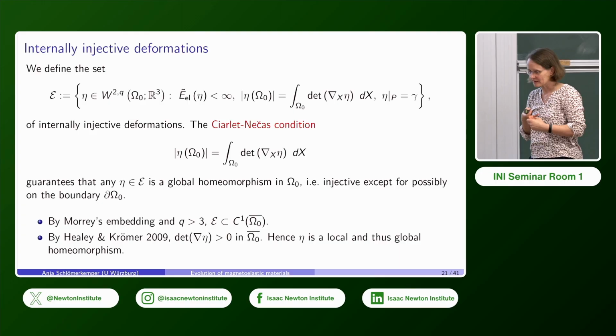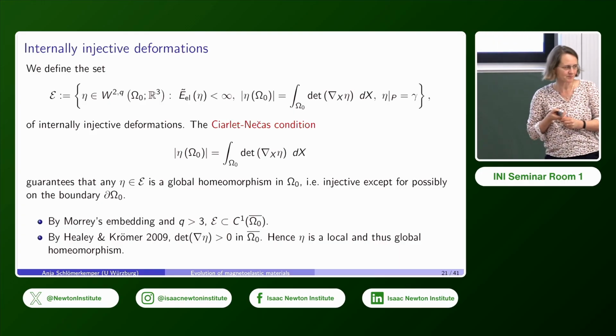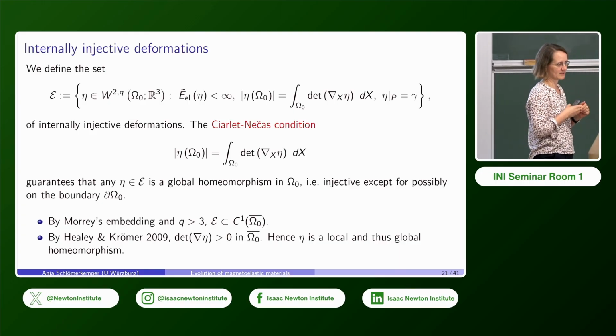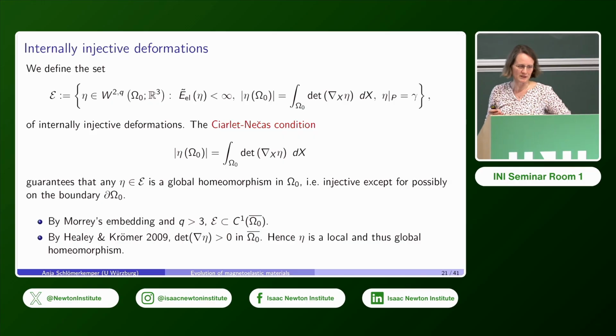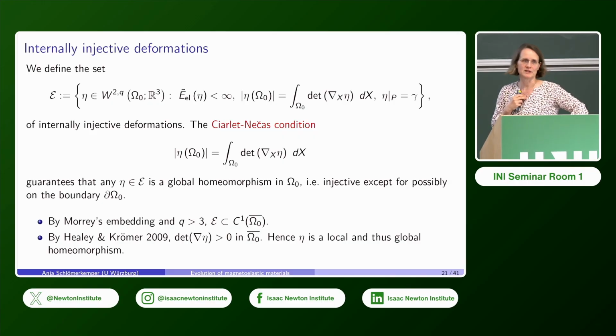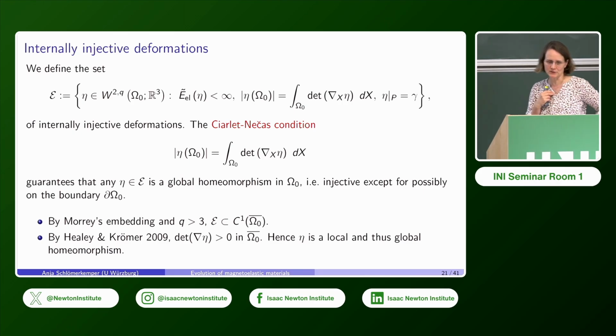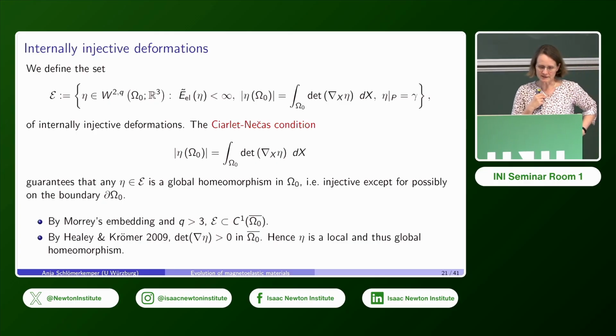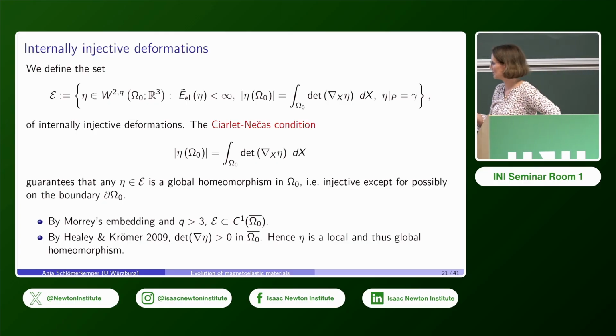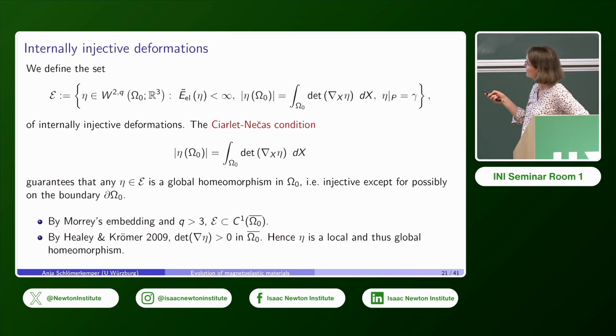Now, dealing with these deformations, as I said, we want to work in this framework with large deformations. We also need to think about injectivity of the deformation, and we ensure that we deal with injective functions eta by assuming this Ciarlet-Nečas condition. It's this one which we impose up here.